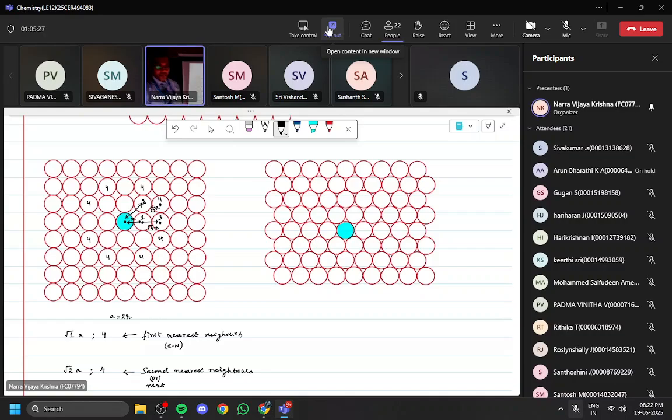All these are first nearest neighbors, all these are second nearest neighbors, all these are third nearest neighbors.